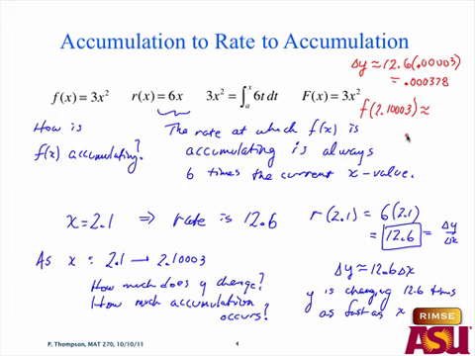Did you just add that little change we just had to whatever the value was at 2.1? And how could you represent that? f of 2.1? So he wants to take the starting value of the quantity and add the change. What do you think? Yeah, that's it. What do you get when you do that? So you're going to take 2.1 squared times 3 and add that. Tell me.